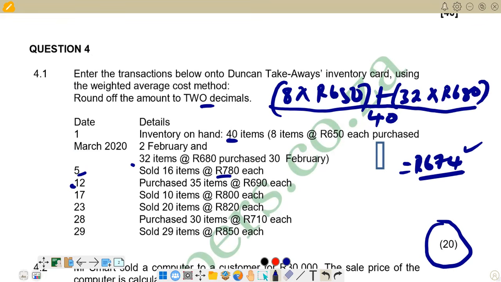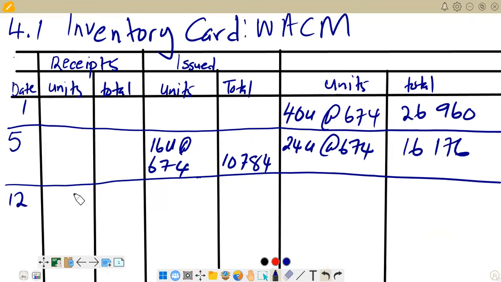So we go there. We are now putting on receipts. So we have got 35 units at 690, and the value, 690 times 35, you get 24,150.